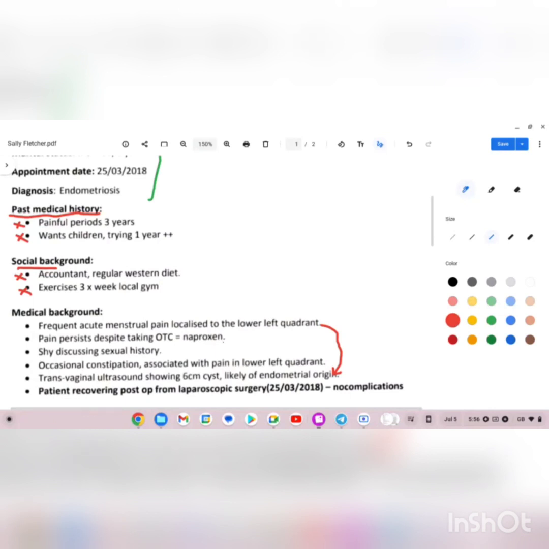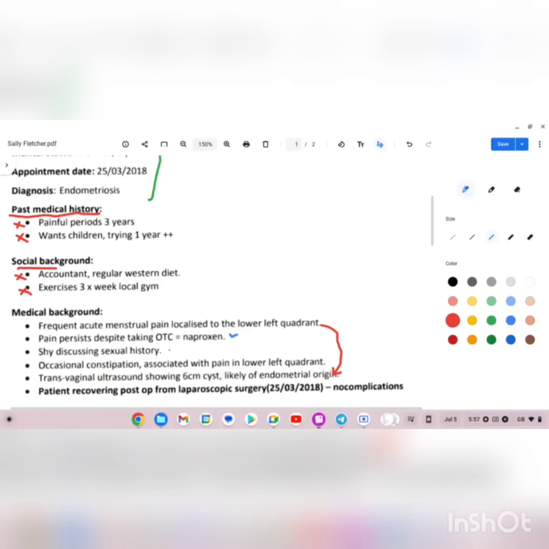The patient's GP already knows that the patient is taking naproxen, so you do not need to mention exactly the same thing, but we can put it as semi-relevant. And shy discussing sexual history: that's not a point to discuss, because this should definitely be known by the patient's GP.